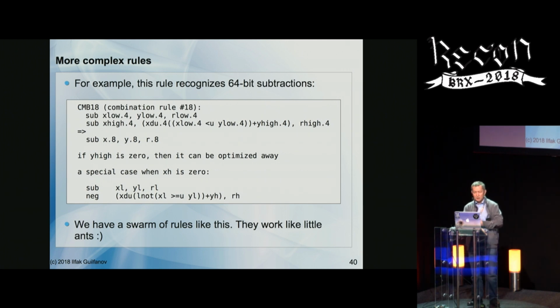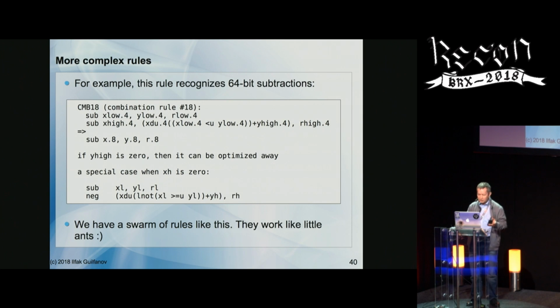Some of them are complex. Say, for example, here we have a rule called CMB 18. It combines two instructions that handle a low and high part of a subtraction into one nice subtraction instruction.